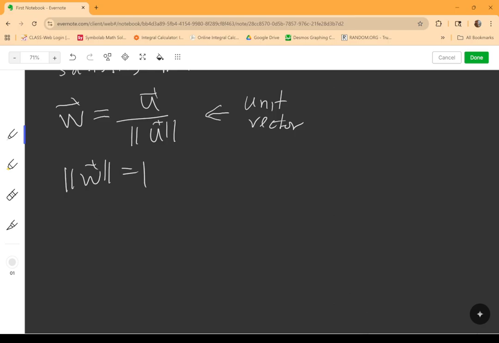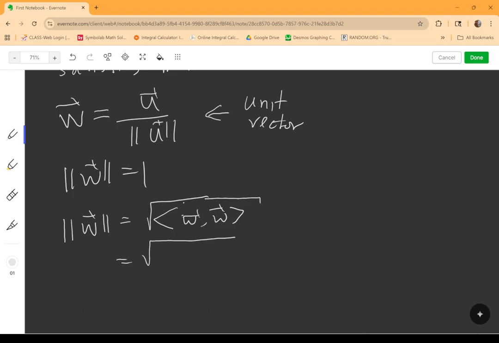Here we would say that the norm of w is the square root of the inner product of w and w. But w I defined as the vector u divided by its norm.